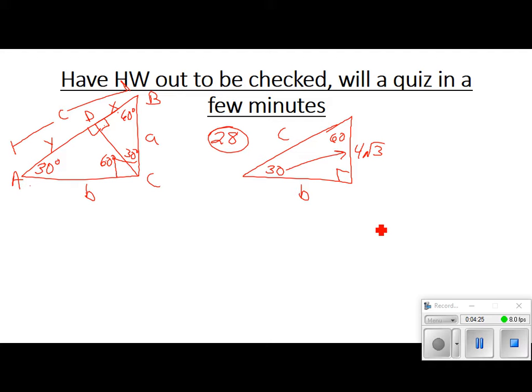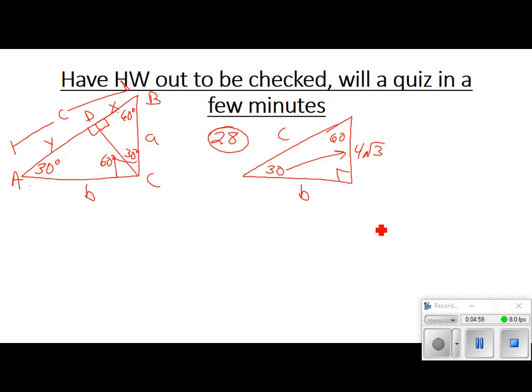In a 45, 45, 90, the sides across from the 45-degree angles, we'll change to L and L. And across from the right angle, the hypotenuse is L radical 2. Just so there's less confusion. That's the way I've always taught it in the past, and this year I thought I'd go with the book and teach it with the X's. And then after doing a couple of problems, I thought that's just dumb, because it's too confusing.